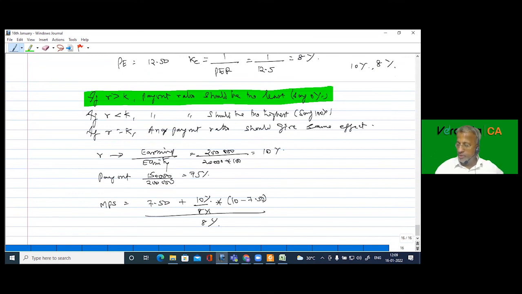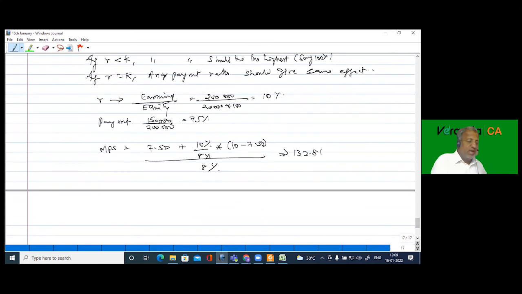That is 0.1 divided by 0.08 into 2.5 plus 7.5, the whole divided by 0.08. That should give you the market price per share as 132.81, right?